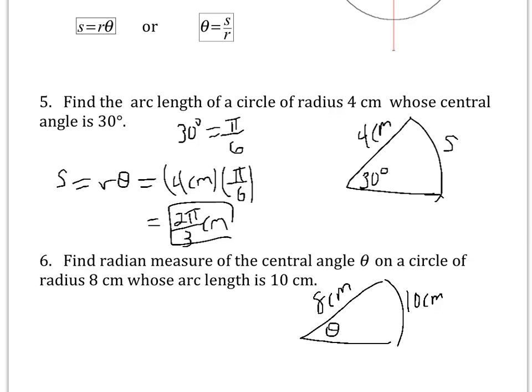So the formula says that theta equals s over r, so it'd be 10 centimeters divided by 8 centimeters, which I think is 1.25. Now notice, the centimeters cancel, so what does that say? That says that technically, radians do not have any units. Okay? It's okay to write RAD for radian, just to keep it straight, but technically the radian does not have any units at all.